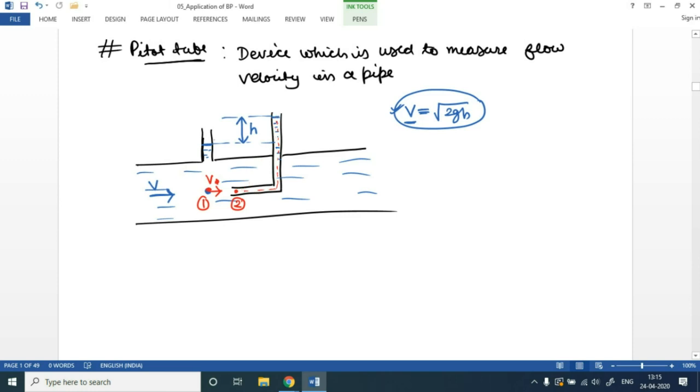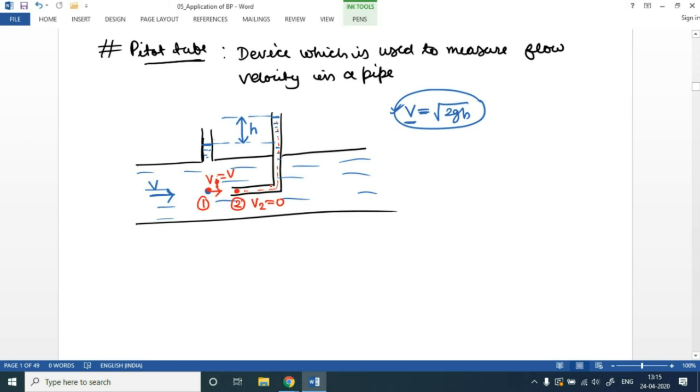So this part of the liquid here has become stationary. So v1 is equal to v, but v2 is equal to 0. This point is not moving at all, because the liquid is no longer rising in this column.